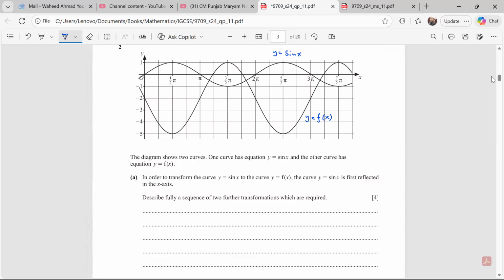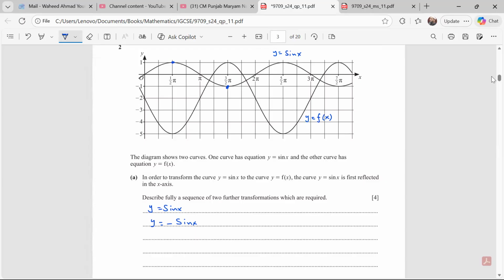So the first transformation is that this sine x has been flipped upside down. So the original function was y is equal to sine x, then it became y equal to minus sine x. Now you see, when it was sine x, it was between +1 and -1.